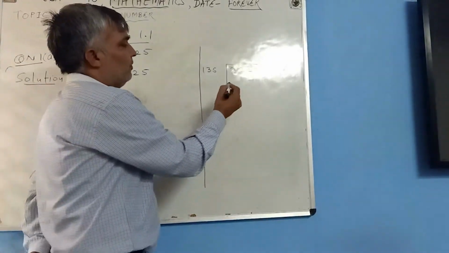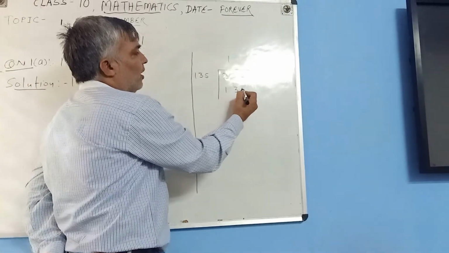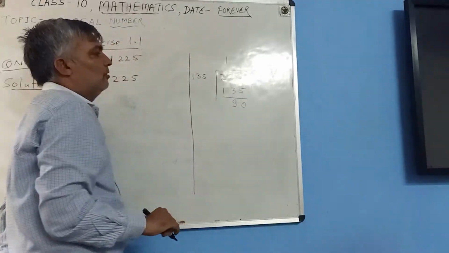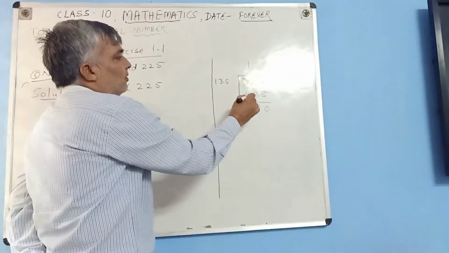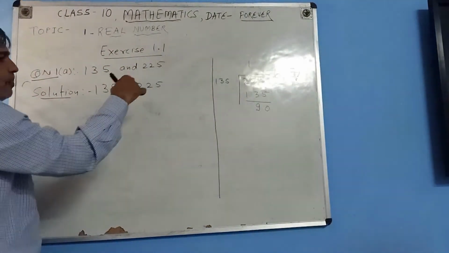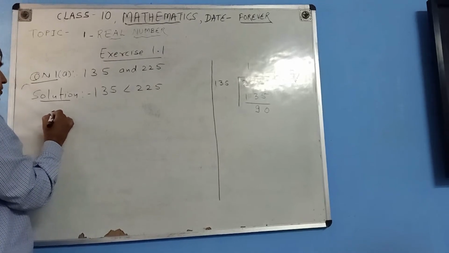This is 1 times 135, 90. So now this is our C and D process. We shall write in the pattern of Euclid's division lemma.